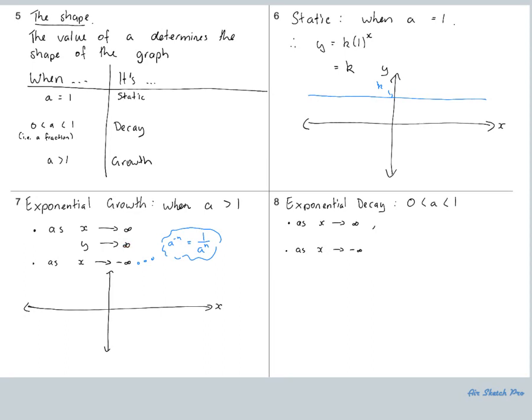So we have like that. But as x approaches negative infinity, I didn't leave myself room, did I? Silly me. As x approaches negative infinity, y approaches but never reaches 0. So from the other side, we have this kind of thing happening.